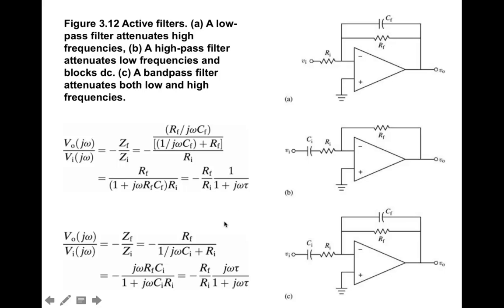For the high pass filter, we would have this circuit here. The transfer function is essentially the same. The difference is that our tau is a little bit different, and you can deduce that by factoring out an RF over Ri, and so you have j omega tau in the numerator and 1 plus j omega tau in the denominator.